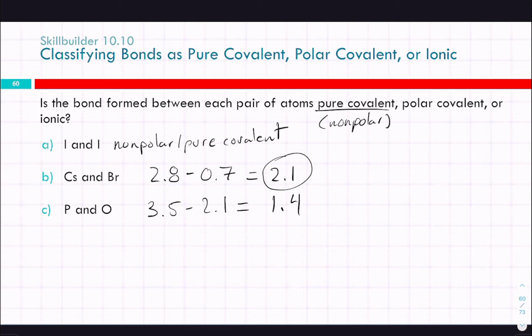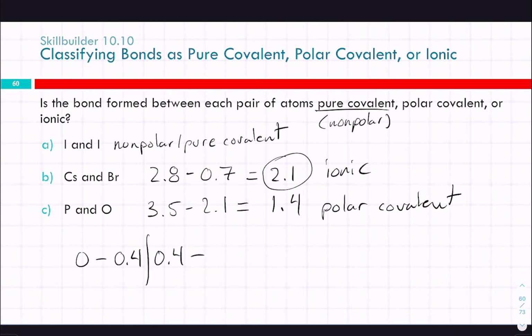So this would be polar covalent. And this one was ionic. So again, it's 0 to 0.4, and then 0.4 to 2.0, and 2.0 plus would be pure covalent, polar, and ionic.